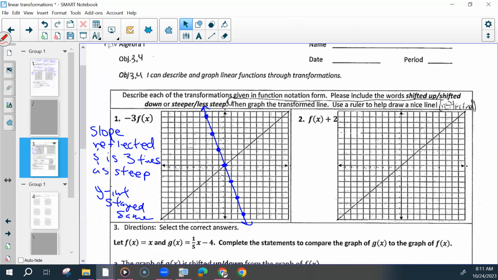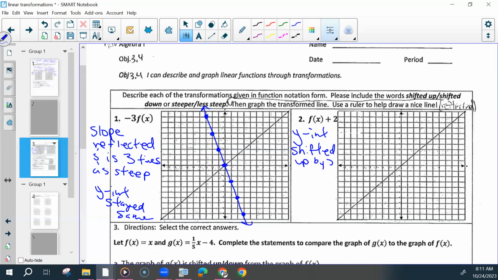What happened in number 2? This would be the last one I asked. The y-intercept shifted what direction right here? Up. What about the slope? The slope stayed the same.